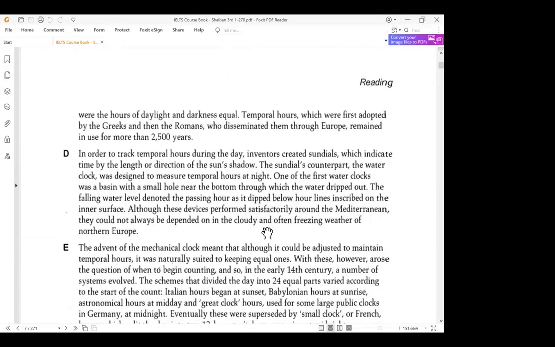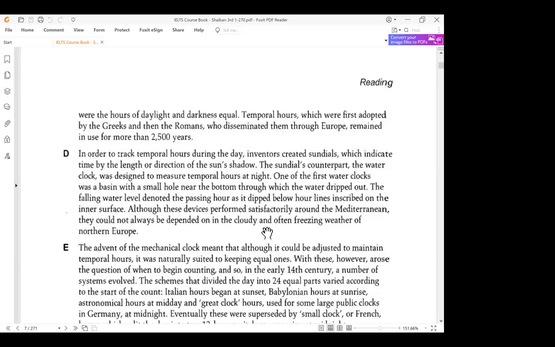In order to track the temporal hour during the day, inventors created sundials, which indicate time by the length of a shadow. For example, the sundial in D. The sundial's counterpart, the water clock. Now it is going to describe the water clock.